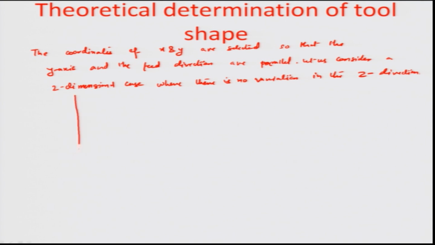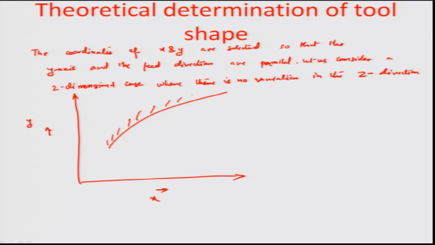So, let us suppose this is the xy coordinate system which we are talking about, this being the y direction, this being the x direction, and further we have been given a particular work surface profile which follows a functional relationship.